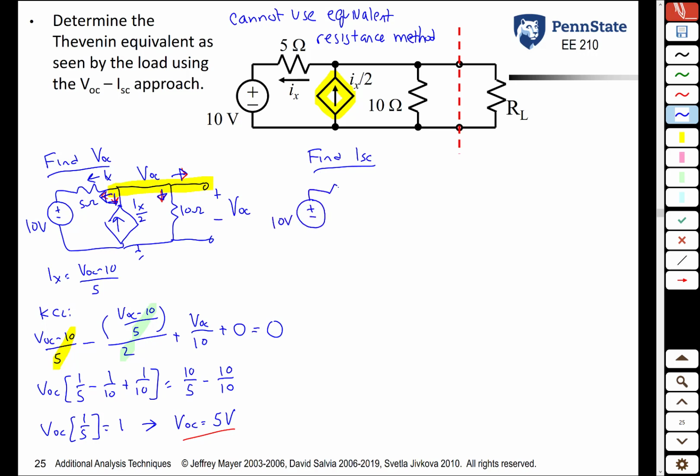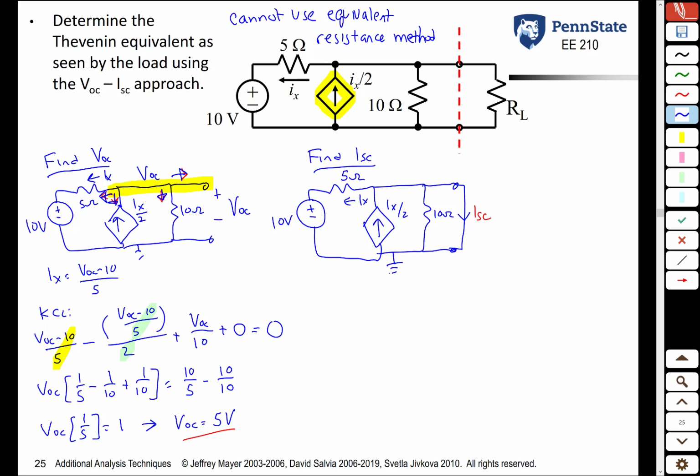We still have our voltage source. We still have our dependent current source. We still have the resistor here. Here are our terminals. Now we're going to short them together, and we're going to find this current ISC. 5 ohm, 10 ohm. That's still Ix over 2, where Ix is defined as that.